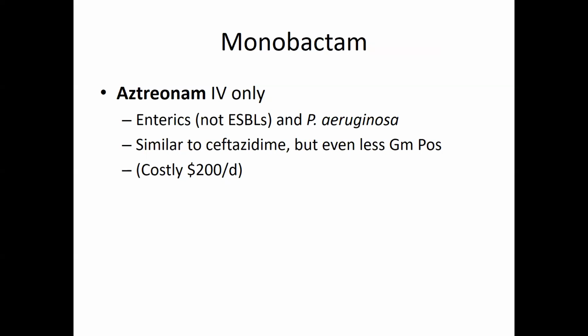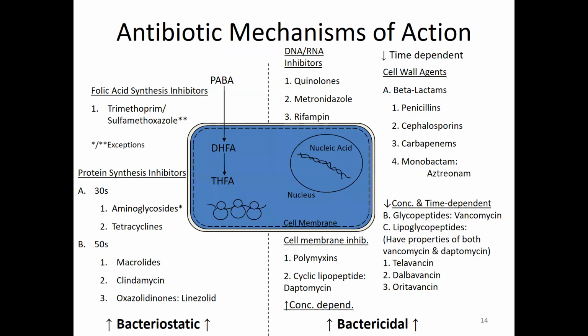The advantage is that it's not actually a beta-lactam, so some people that are allergic to penicillins and the other cephalosporins may not have a reaction, but it's not used very much, so it's fairly expensive, about $200 a day. So you don't see it a whole lot, but it is nice to have when you have a patient that really needs it. So that wraps up the beta-lactams.